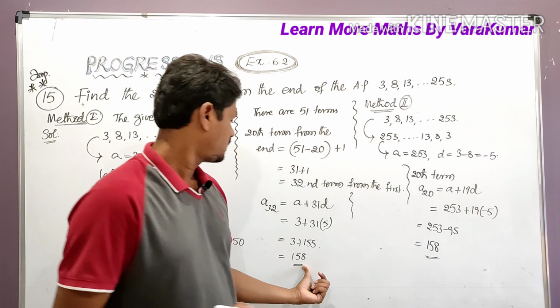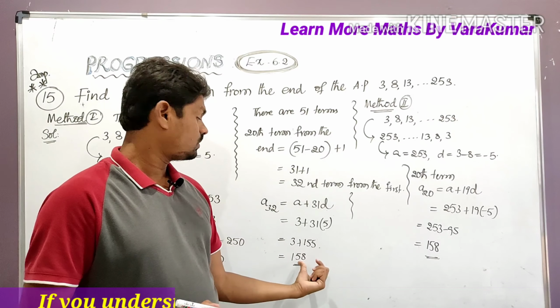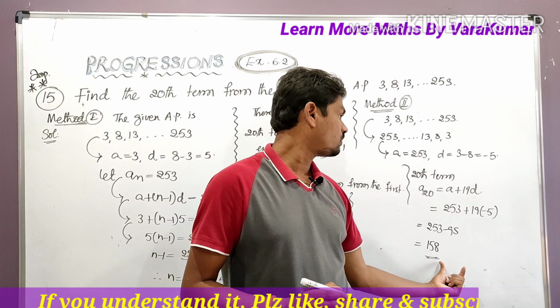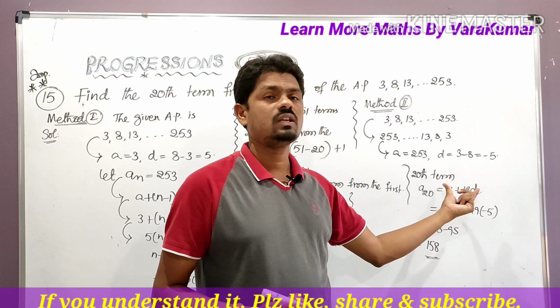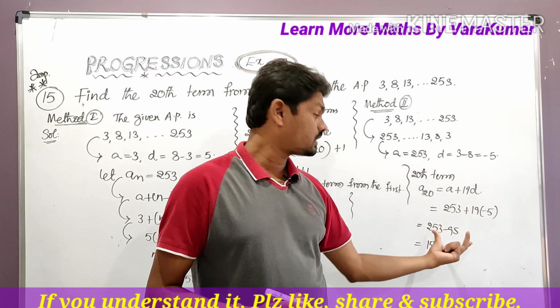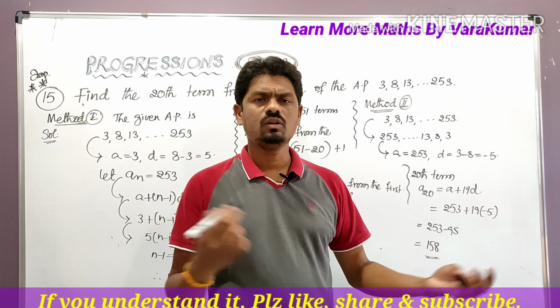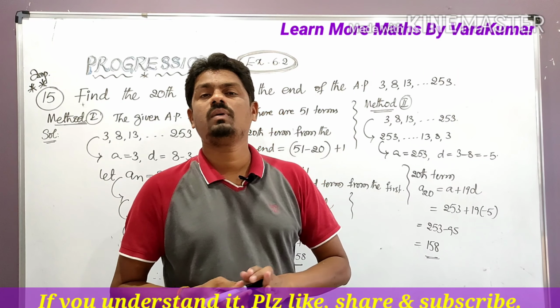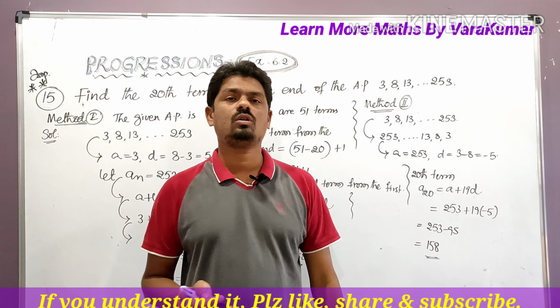In the first method we got 158, in the second method also we got 158. This is very easy, in just 4-5 steps we got the answer. In both ways you can solve the problem, but it is very important, student, you have to remember.